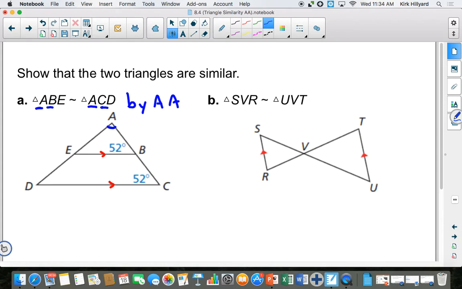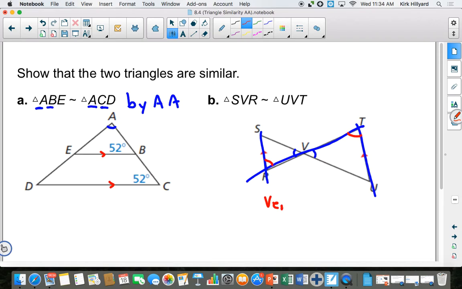Let's look at this right here. SBR is similar to UVT. If these two lines are parallel, even before that, we know that these two angles are congruent because they are vertical angles. If these two lines are parallel, and this is our transversal, there's our transversal and there's our parallel lines, we know that this angle is congruent to this angle by alternate interior angles.